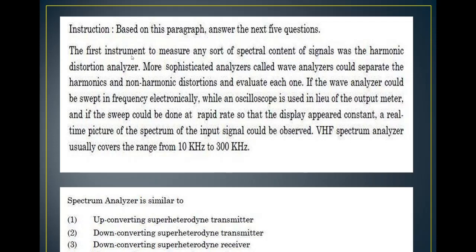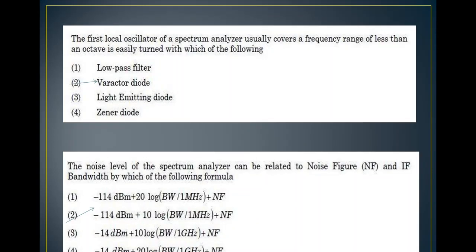And the correct answer, option fourth, up converting superheterodyne receiver. Next, the first local oscillator of a spectrum analyzer, which usually covers a frequency range of less than an octave, is usually tuned with which of the following? Option first, low pass filter. Option second, varactor diode. Option third, light emitting diode. Option fourth, Zener diode. And the correct answer, option second, varactor diode.